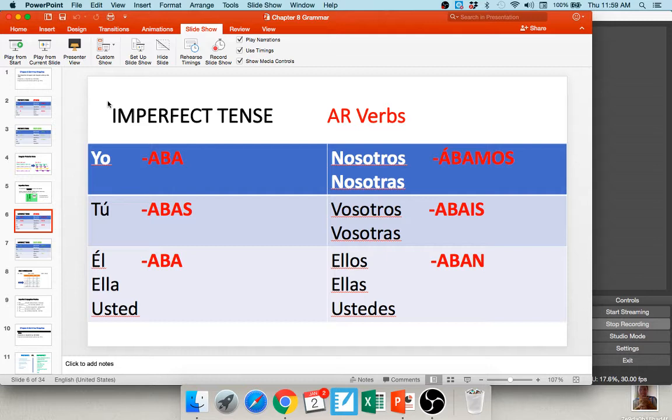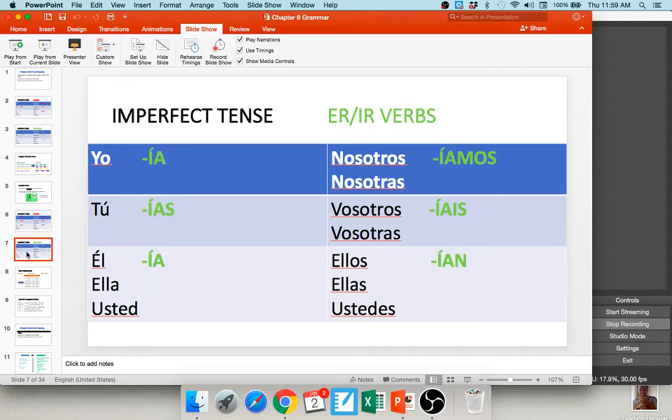Okay, so with a verb like hablar, once you remove your AR, you end up with hablaba, hablabas, hablaba, so on and so forth. For an ER or IR verb, you have the following endings: ia, ias, ia, iamos, iais, and ian.